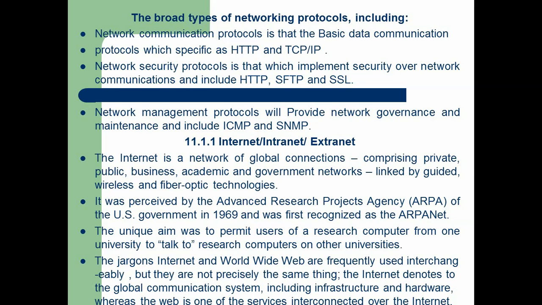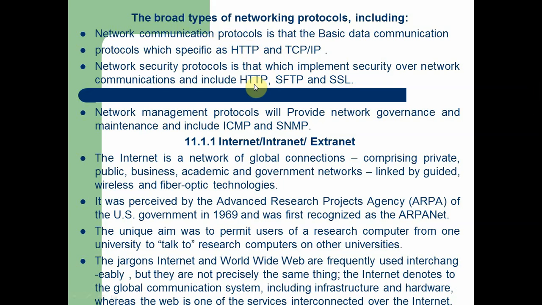Next one is the network security protocol, which implements security over network communication, and it includes HTTPS, SFTP and SSL. So these are the three important network protocols used for security. These are the two important protocols for communication. HTTP plays a role in communication as well as security.